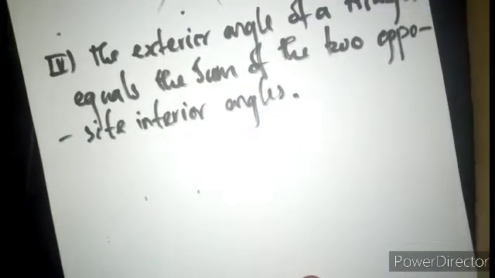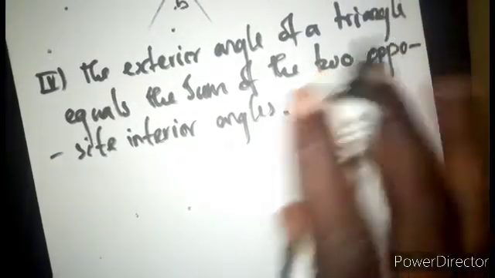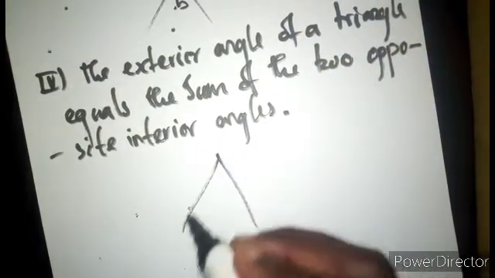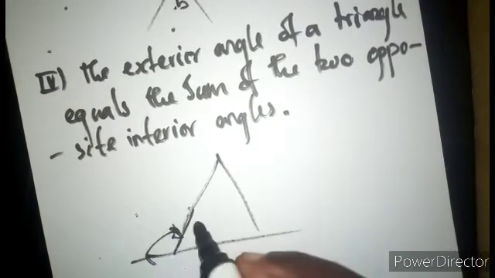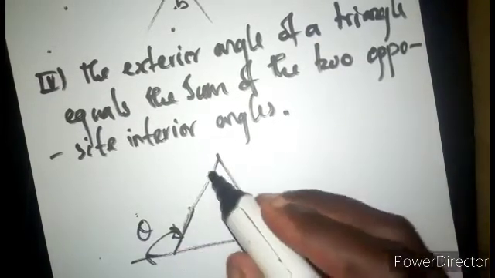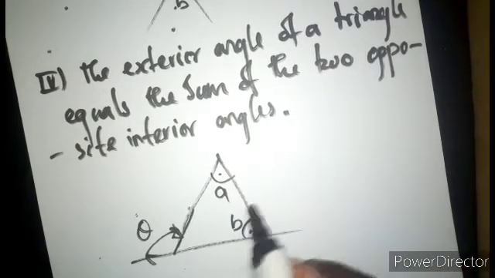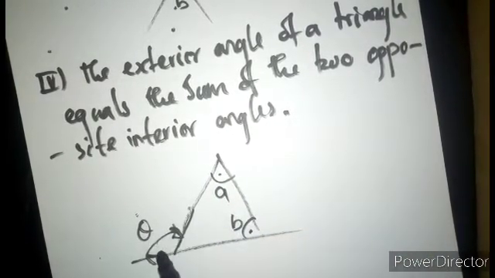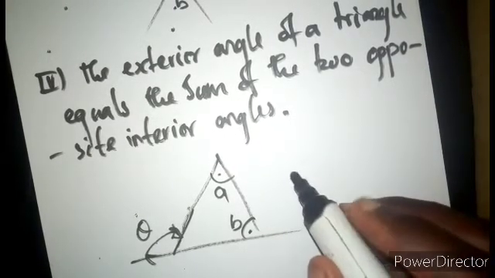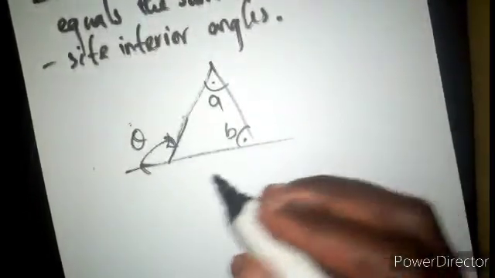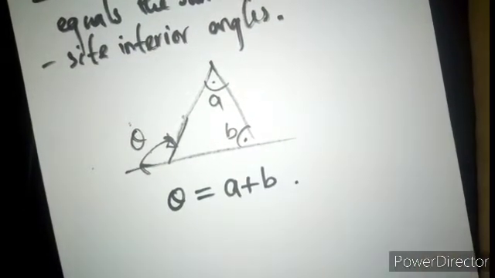What does this literally mean? It means if we have a triangle, and we have this exterior angle theta, and we have this angle A and B, A and B are clearly the angles opposite to this side, theta. And so, by this fact, theta is equal to A plus B.